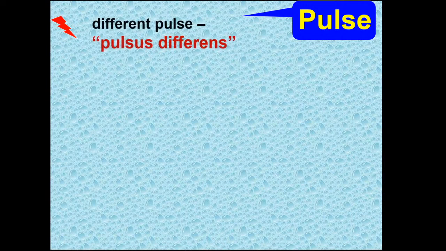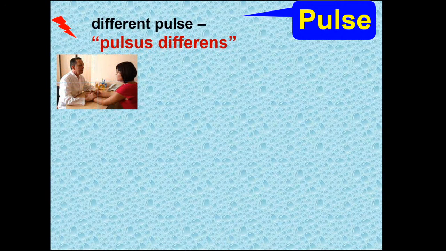A specific characteristic of the arterial pulse will be revealed. First of all, we will reveal asymmetric pulsation of the radial artery. Pulsus differens. If you remember, we start examination of the pulse with palpation of both hands. Pulsus differens. Why?